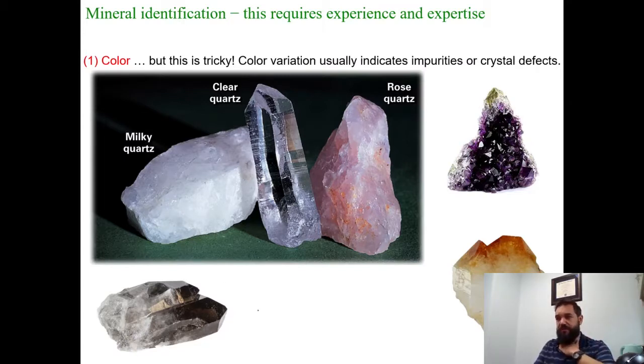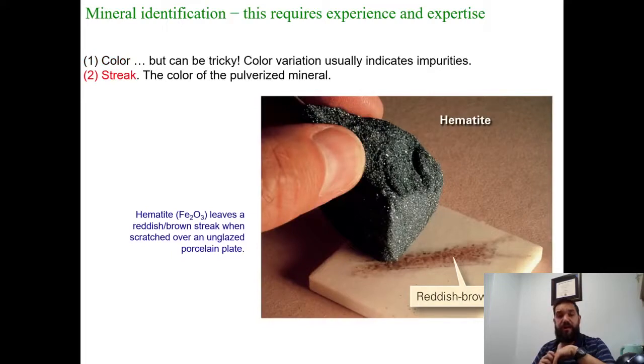It's all quartz. Okay, so smoky quartz, citrine, amethyst, rose quartz, milky quartz, clear quartz. It's actually all the same mineral. It's just little tiny impurities in it that cause the different colors. Okay, so every mineral has a color, or some kind of way of defining its color, but that's not a very good diagnostic property. It doesn't help you identify it.